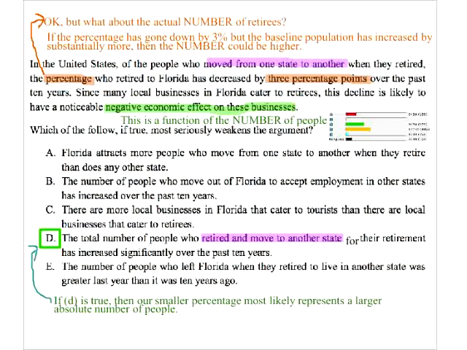The point about these problems is not to think in terms of numbers. The point is to think conceptually in terms of what variables interact with what other variables, because at the end of the day, it's a critical reasoning problem, not a math problem.